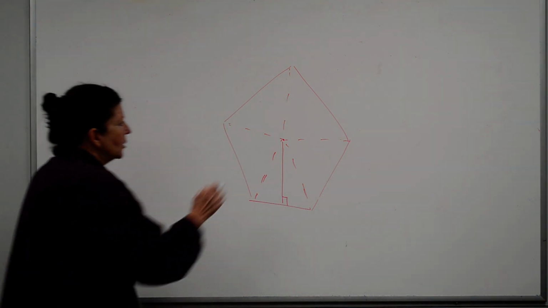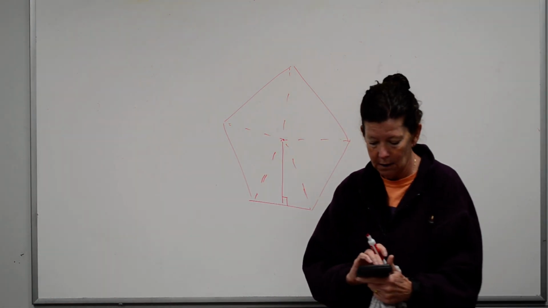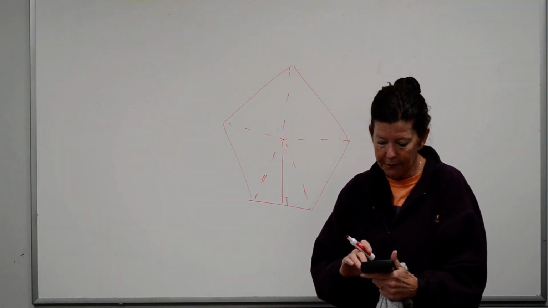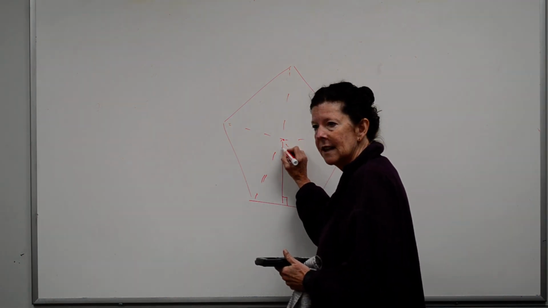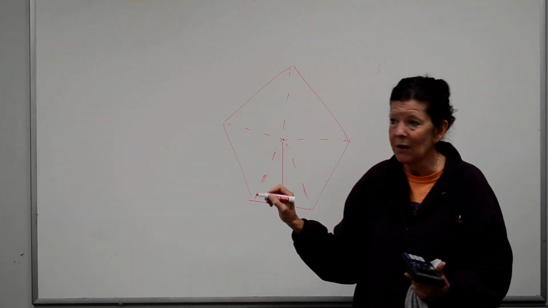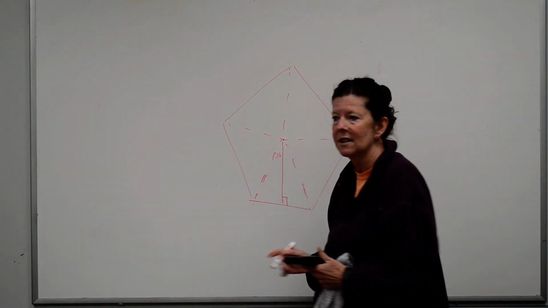On this particular one, we've got 5 triangles, so we take the 360 and divide it by 5, which is going to give me 72. So this whole thing is 72, but I'm only interested in half of it because I want the right triangle. So that's going to be 36.